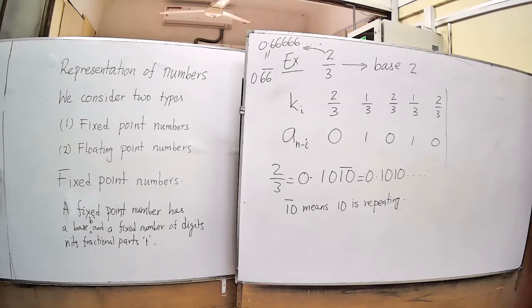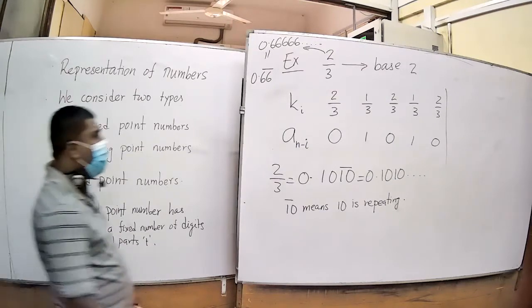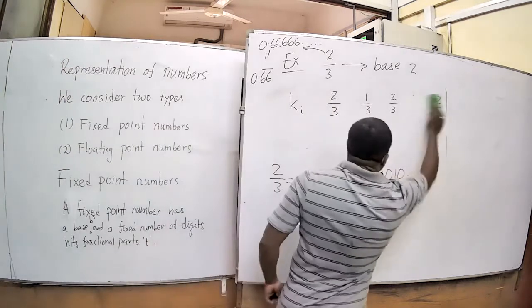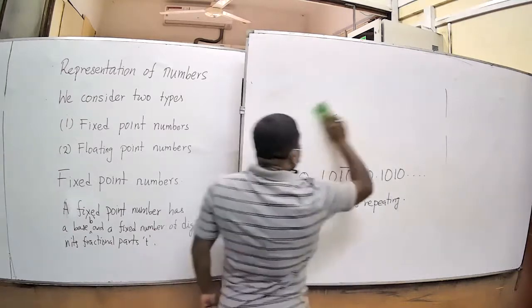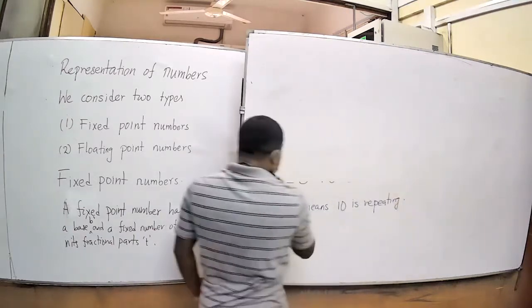In the integer part, you don't need to worry; you can have any number of digits. But in the fractional part, you can have only a fixed number of digits, which we will denote by t. So this is how we are going to see the set of fixed point numbers.